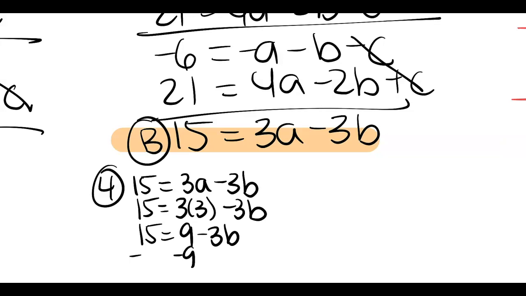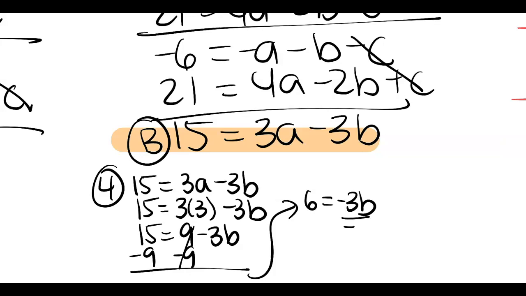I'm going to subtract 9 on each side, and I'm running out of space. 15 minus 9 is going to be 6, equals negative 3b. I'm going to divide both sides by negative 3. So b is going to equal negative 2. That's your b value.